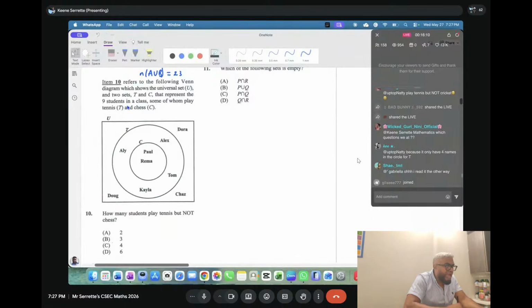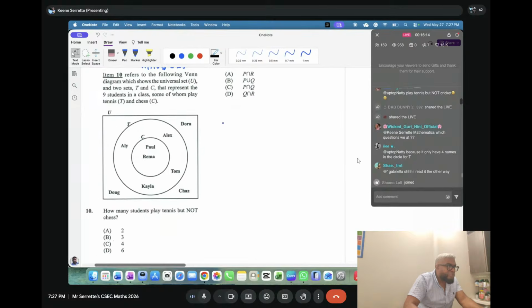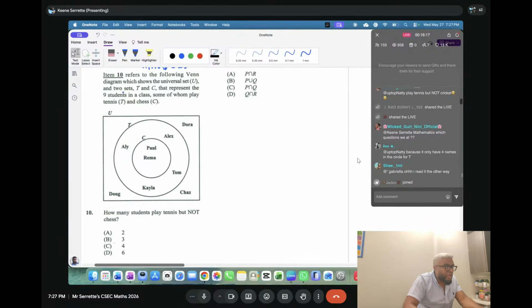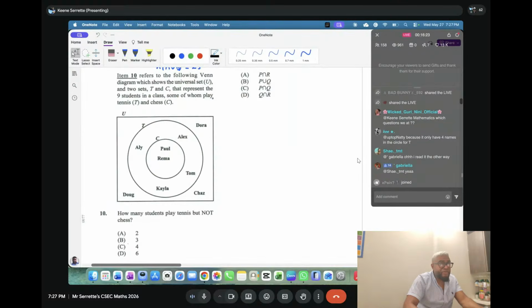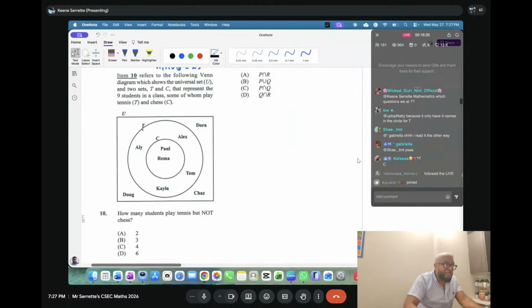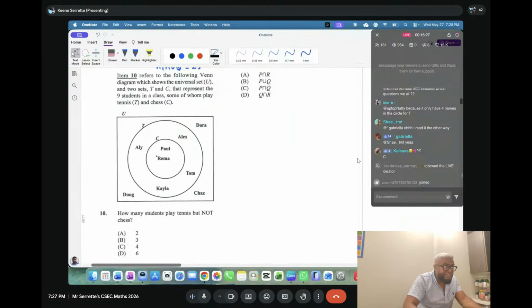So, item 10 refers to the following Venn diagram, which shows the universal set U and two sets T and C that represent the 9 students in a class, some of whom play tennis and chess. We have tennis, we have chess, and these people on the outside. How many people play neither tennis nor chess? 3.